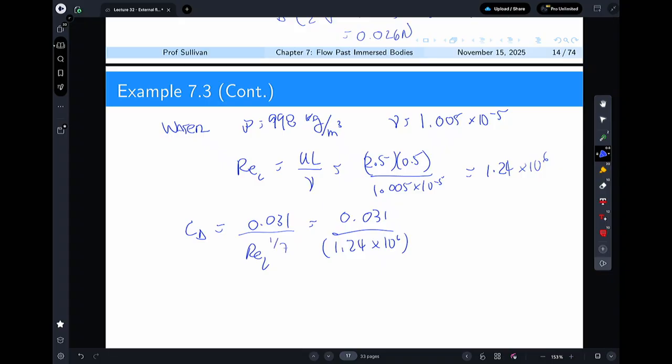And C sub d in this case is just going to be 0.031 divided by Reynolds number to the power 1/7. I've calculated that, and I get... I'm going to use something called the transition formula.